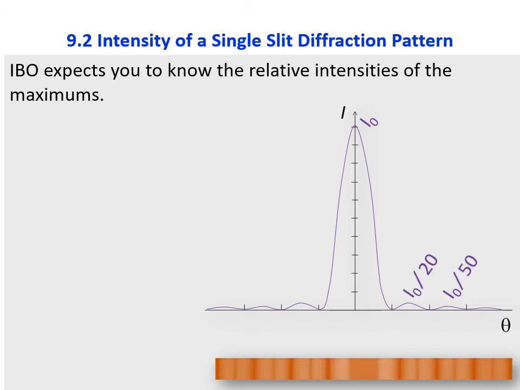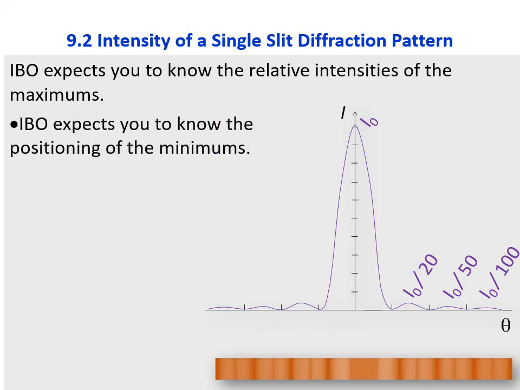With every subsequent maxima, you get a reduction like this. You have I naught, and then this is about I naught over 20, I naught over 50, I naught over 100. And IB expects you to know the positioning of the minimums. This would be lambda over b, 2 lambda over b, 3 lambda over b.